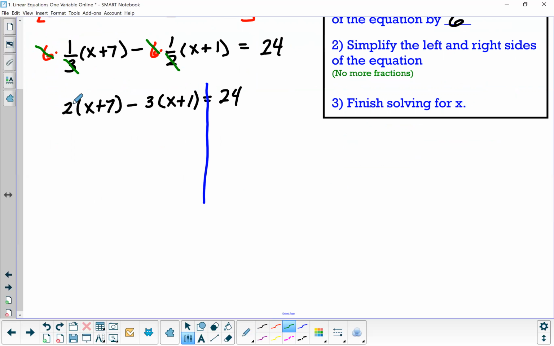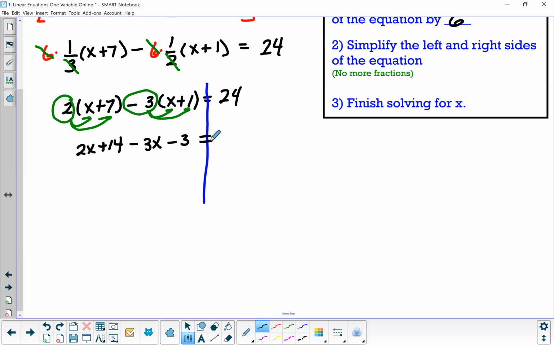First, by distributing the 2 to the x and to the 7, and that gives me 2x plus 14. Now I'm going to distribute the minus 3 to the x and to the 1. So that gives me minus 3x minus 3.